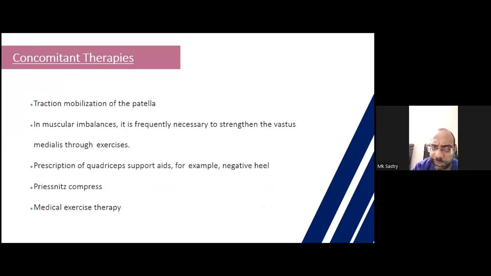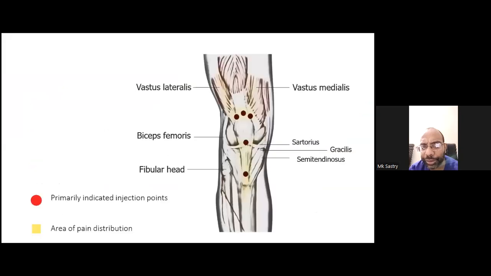You all know which are the points which cover this. Now you can see these are the points.